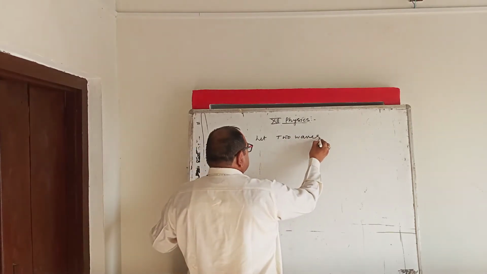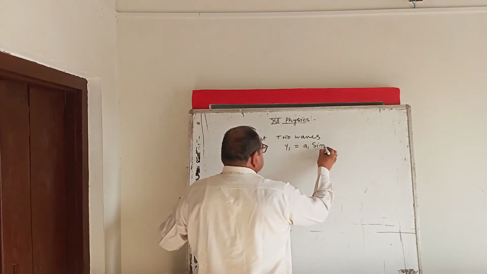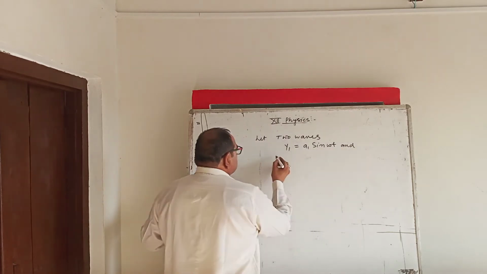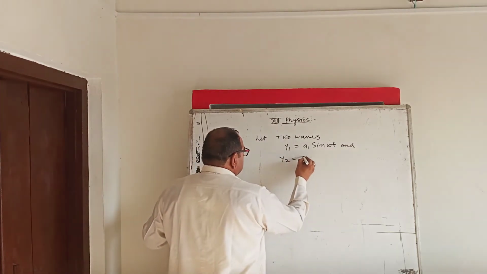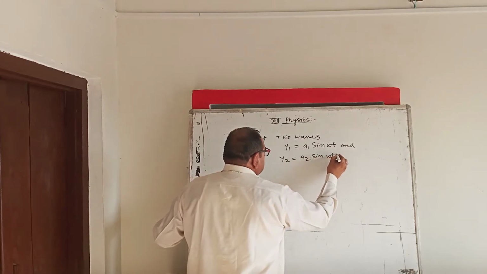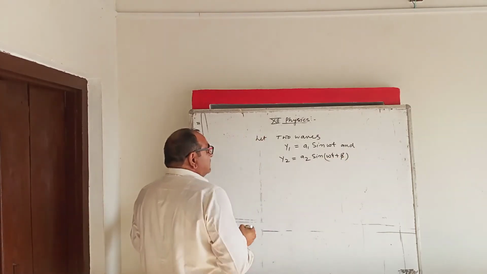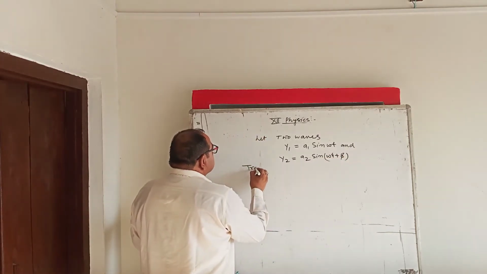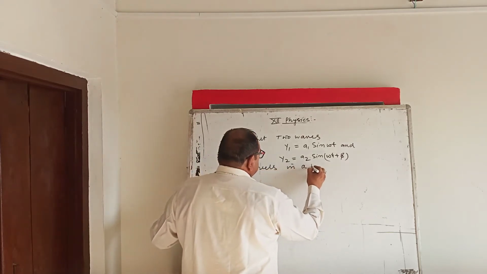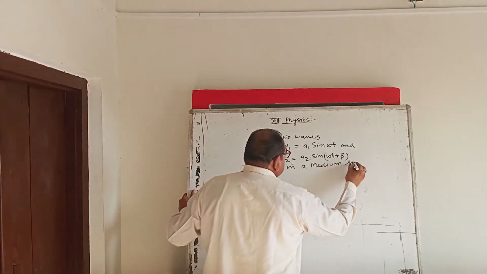Let the two waves be: first is y1 equal to a1 sine omega t, and y2 equal to a2 sine omega t plus phi, traveling in a medium simultaneously.